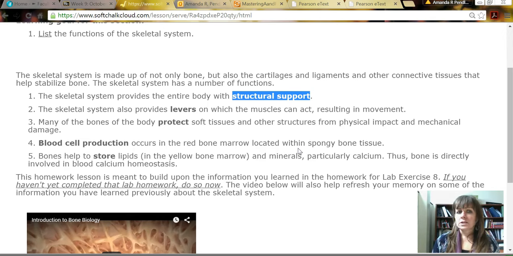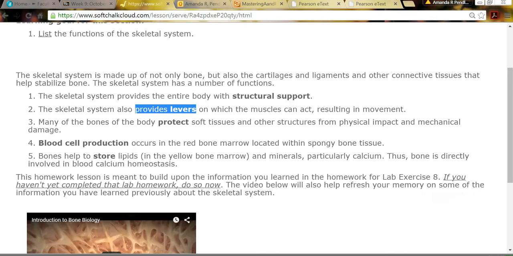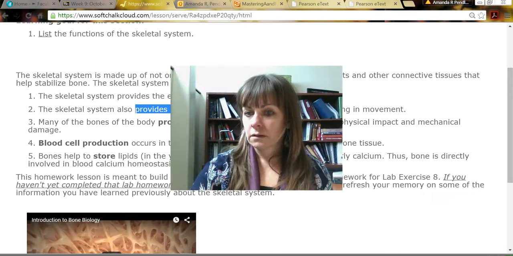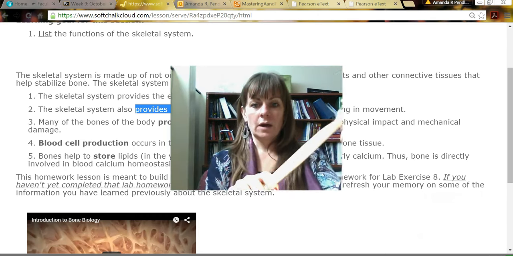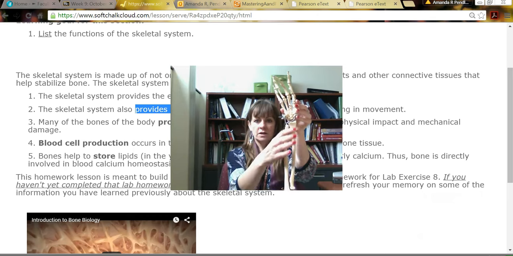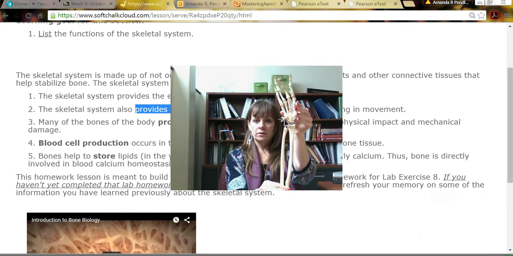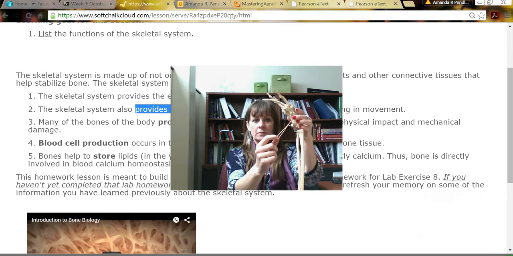The second thing they're going to do is they are going to provide levers for the muscles to act. And let me give you a demonstration of that. Okay, so here is a bone. Alright, so this would be the forearm area, the antebrachial region, and this of course is the hand. And right here I've got a rubber band.